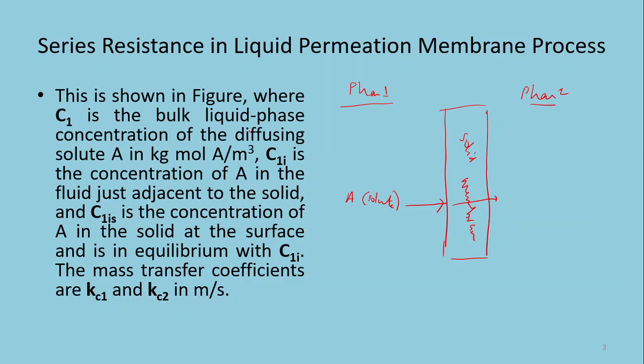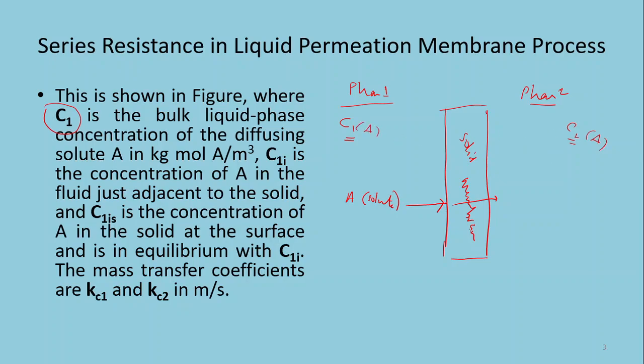As we have discussed here, the first one is C1. C1 is the bulk liquid phase in phase 1. Assume C1 is the concentration of A in phase 1, and C2 is the concentration of A in the second phase.